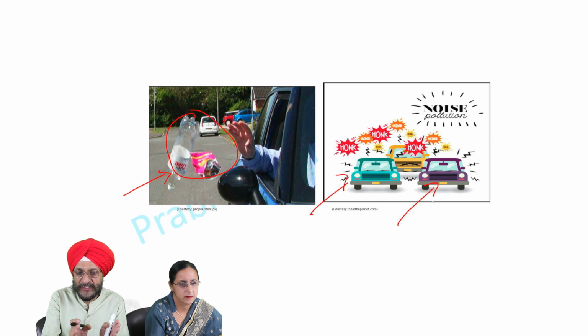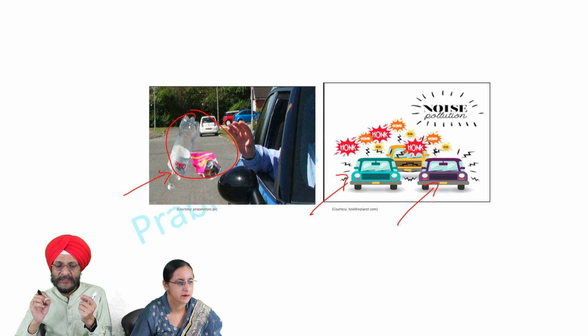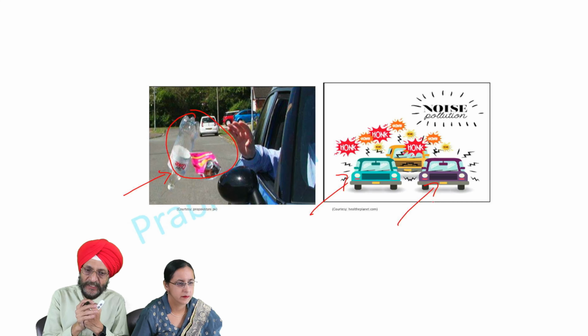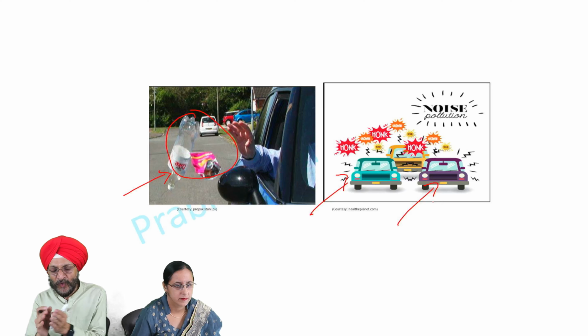So from these pictures, you can see that in some areas we lack social responsibility. That is, we do not care for the society. We are only concerned with our own entertainment, with the cleanliness of our car, or showing off in public.